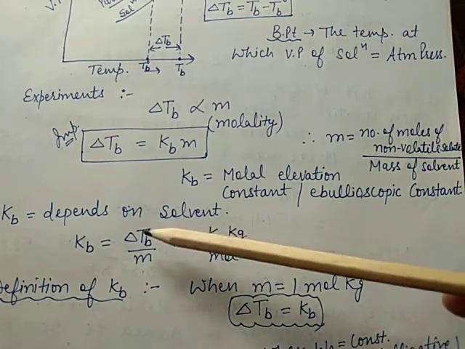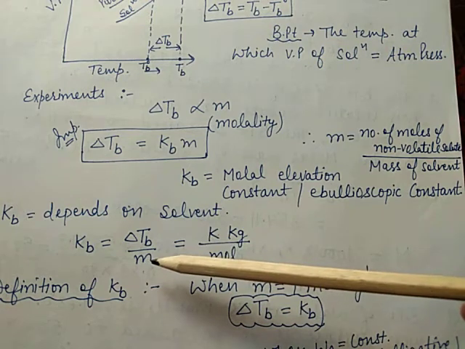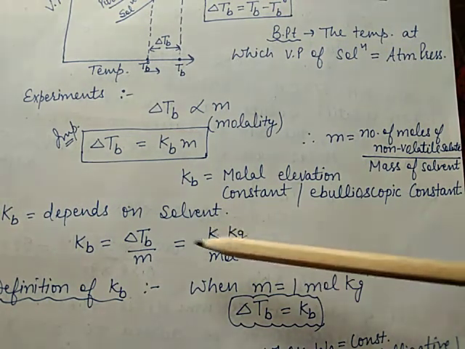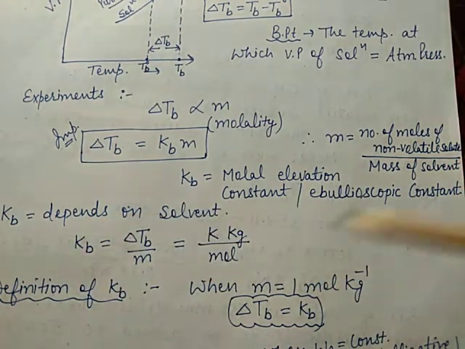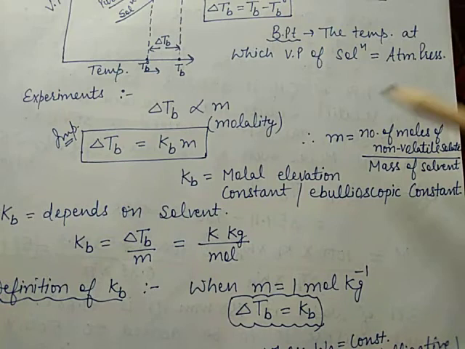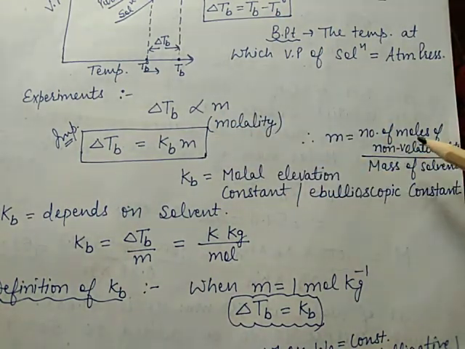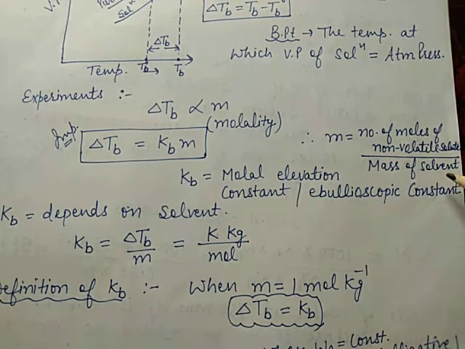Its unit is Kelvin divided by molality, meaning mole per kg. Kb unit is K kg per mole. Here, how will you calculate the molality? Molality means number of moles of non-volatile solute divided by mass of solvent in kg.